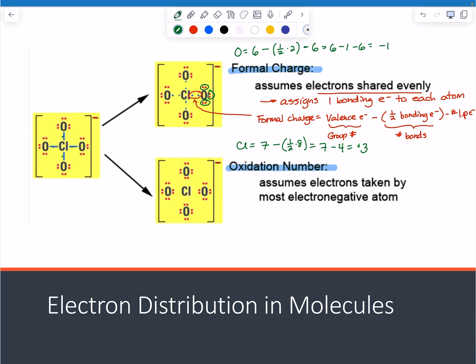So what you'll find when you calculate formal charges is that if you calculate the formal charge on every atom in your molecule, those are going to add up to the charge on the molecule. So add formal charges on each atom.